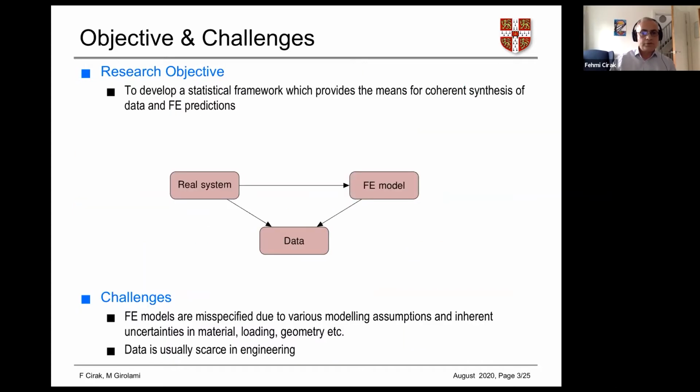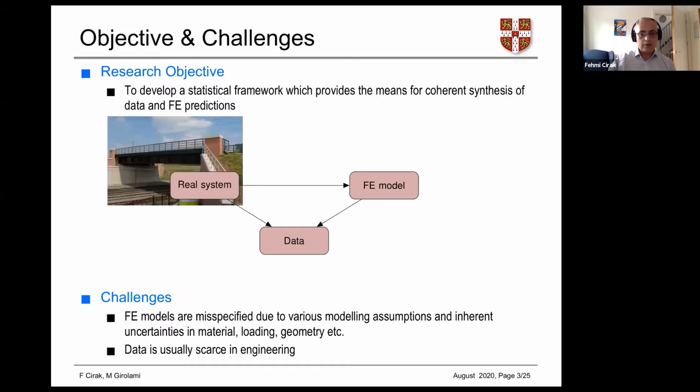Okay. So the research objective is to develop a statistical framework which enables us to synthesize observational data with finite element predictions. In this cartoon, you can see we have a real system, like the railway bridge shown. Then we have a finite element model, like on the right.